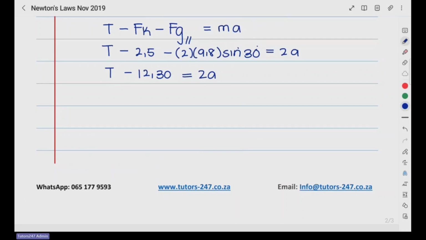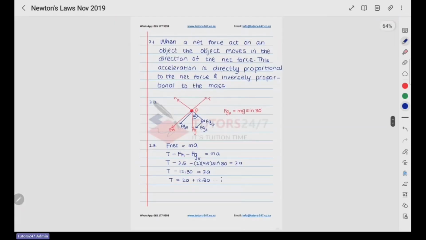Remember, we discussed it the last time. A. No, T. That is correct. Whatever you're solving for, you make the other one the subject of your formula. Okay, it's going to be tension equals 2a plus 12.3. This is equation 1. So what do we do from here?